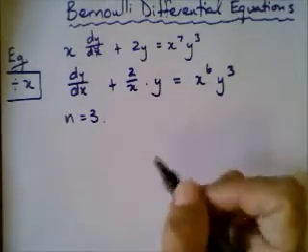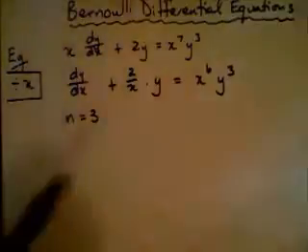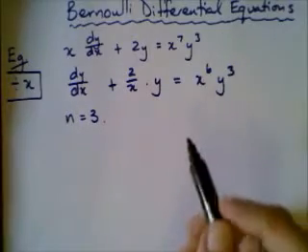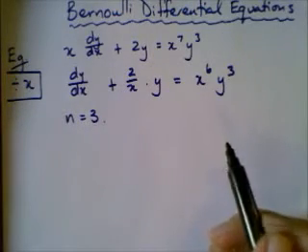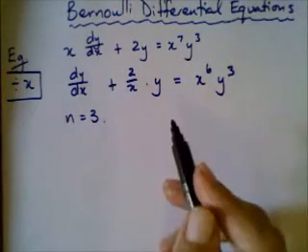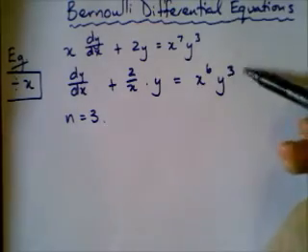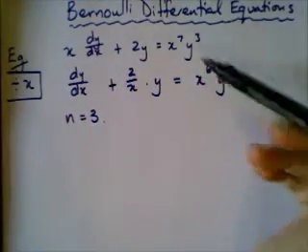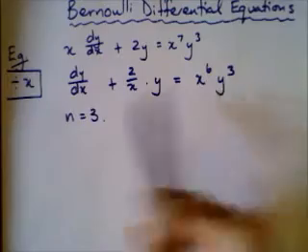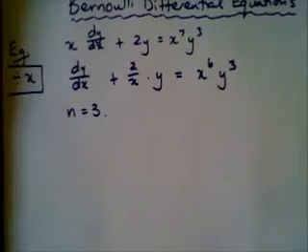Okay, so if we look at the equation that we've gotten previously, we want to convert this form into linear form because now we've got the general form for Bernoulli.